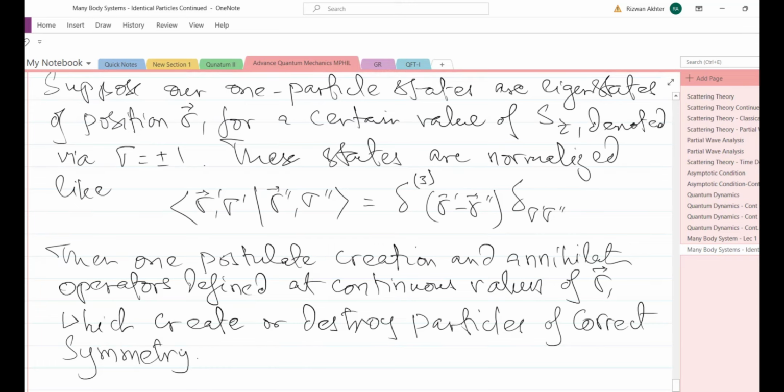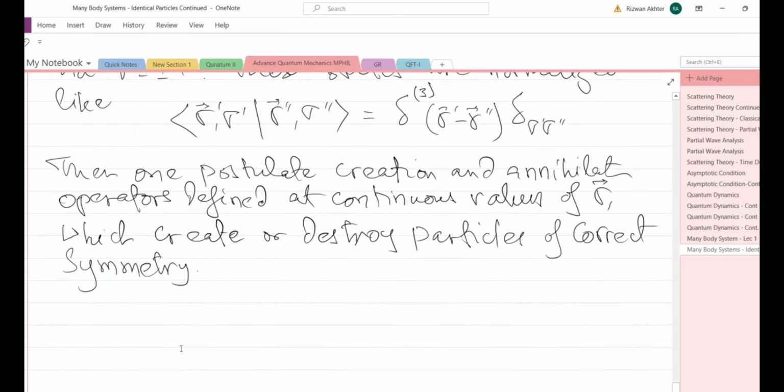Yeah. And what are these states denoted by?